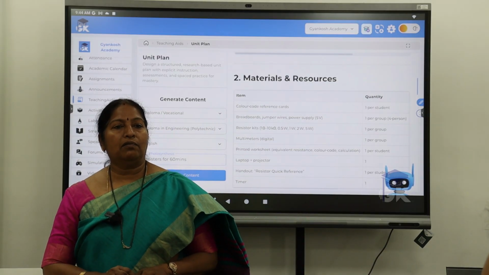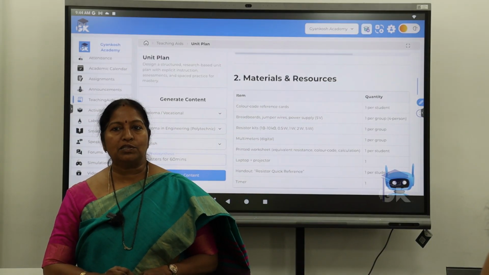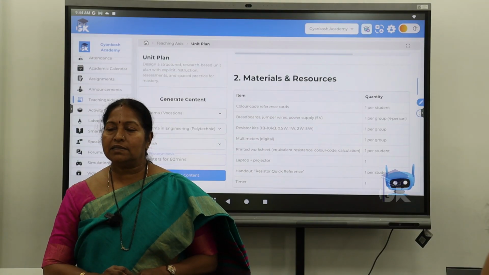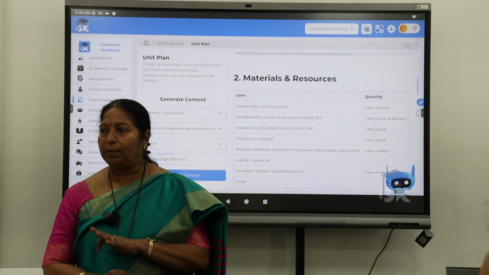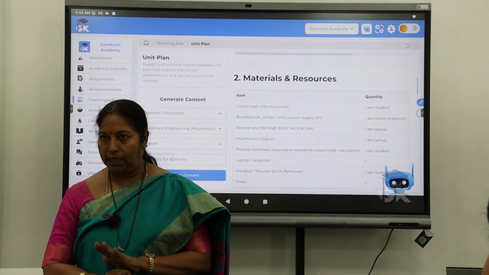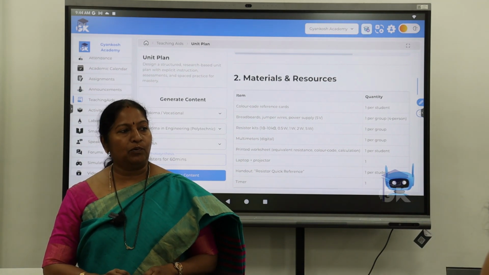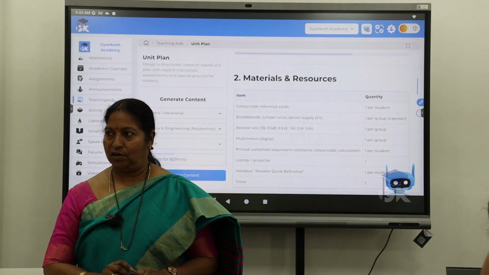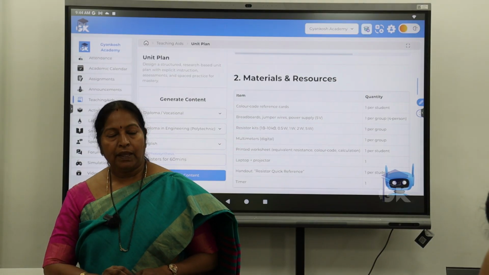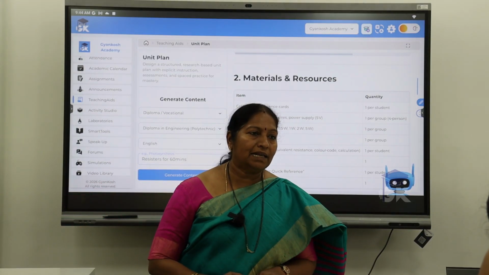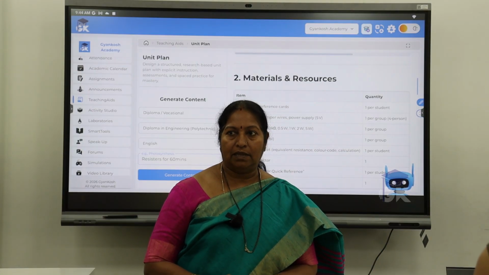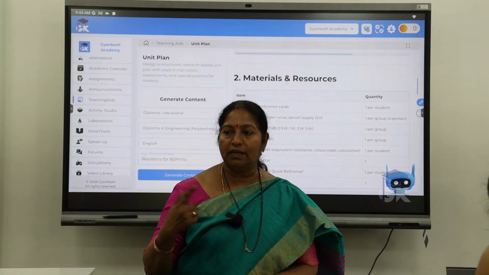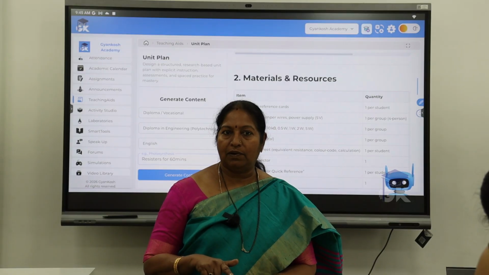Now according to this, R equals rho L by A defines that R is directly proportional to the length of the material and inversely proportional to its area of cross section. So as the length increases, resistance also increases. As the area of cross section increases, resistance decreases.